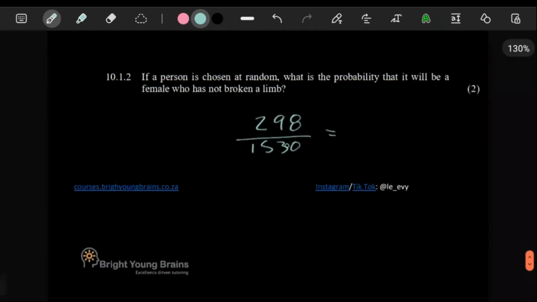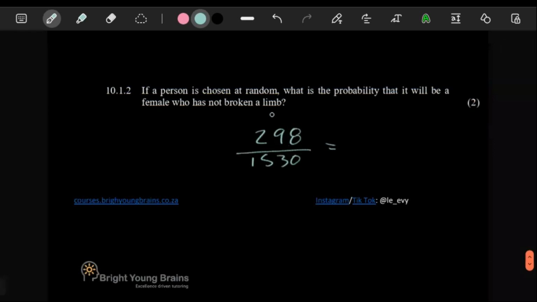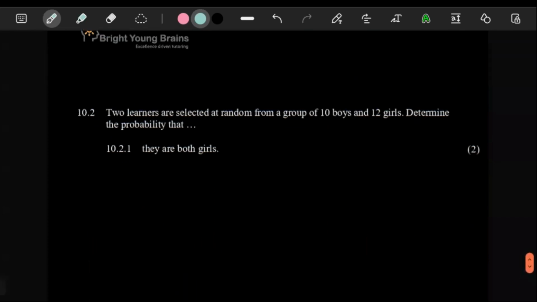So this is the probability that if a person is chosen at random, they will be female, and they won't have a broken limb. That value in the calculator, you can just get its simplest form. That's going to give you 14765. So let's just do that. 1,4 over 765. There we go.